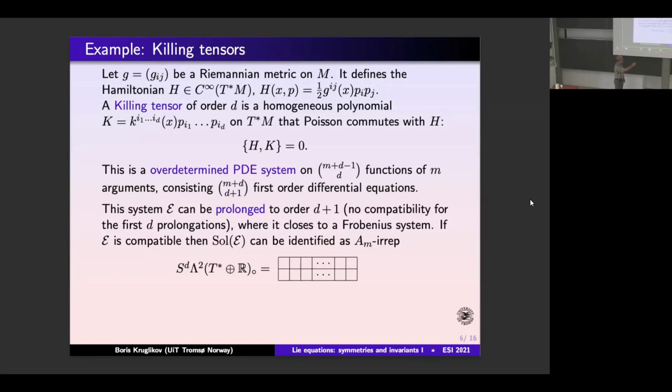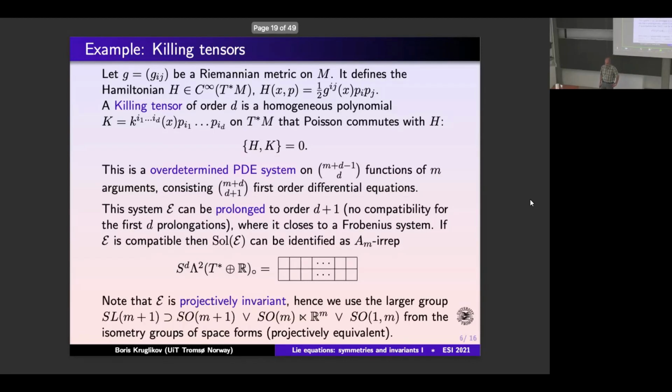And that's the Young tableau. So it's the d-symmetric power of the second skew power of the extended space, T star plus R, minus traces. Okay, yes, that's what I say, that E is projectively invariant.